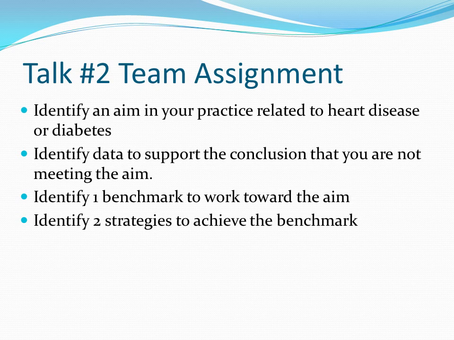And then identify data that you've got based on the data you've been getting from the project for the last 2 years to support the conclusion that you're really not at the aim that you want to be at. And so let's say you want your average LDL to be less than 100, and today it's 120 for your population of 100 people with type 2 diabetes. And so what is your benchmark? Your benchmark is 100. And so that's one benchmark.